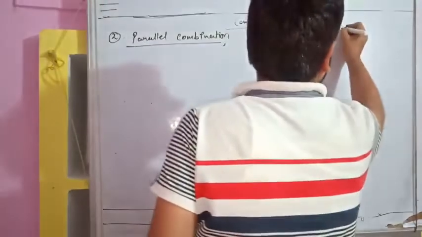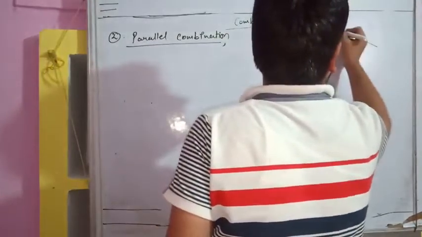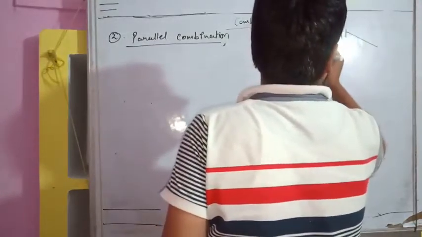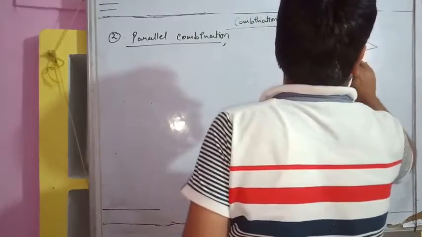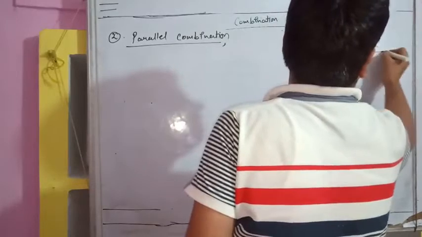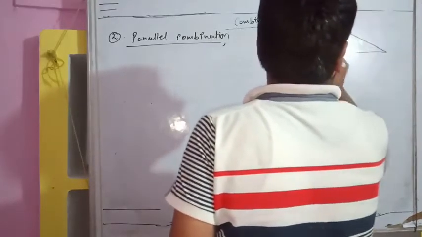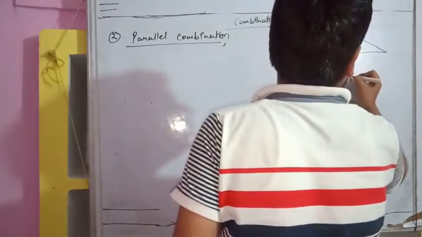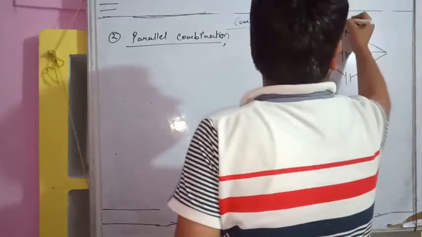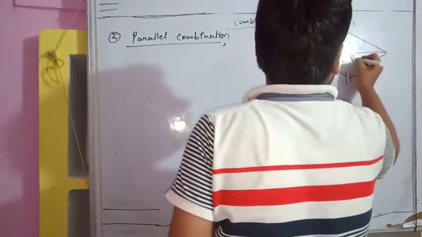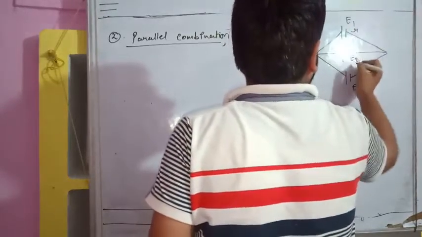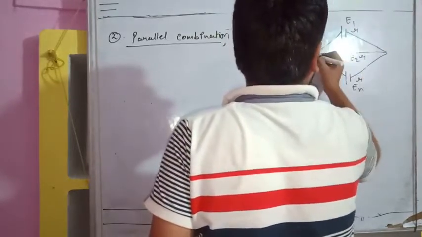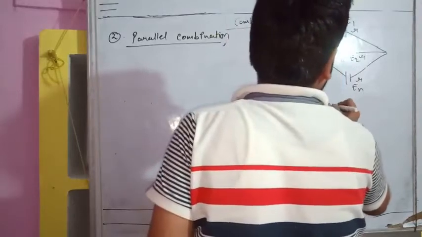In parallel combination, suppose here is one cell, here is another cell, and in the similar way, suppose there is the nth cell, and suppose these are E1, E2 up to En, and internal resistance R, R and R. Why am I assuming only R?